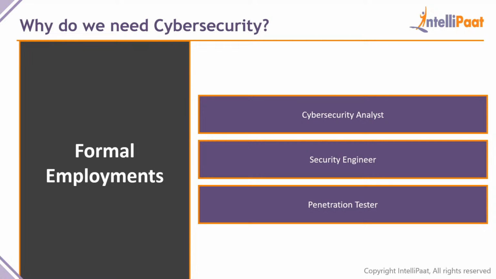So that is what the cybersecurity analyst does. He analyzes all of the security threats in an organization, all of the exploits, all of the vulnerabilities. He manages and ensures that none of them exist by the time he's done with his job.